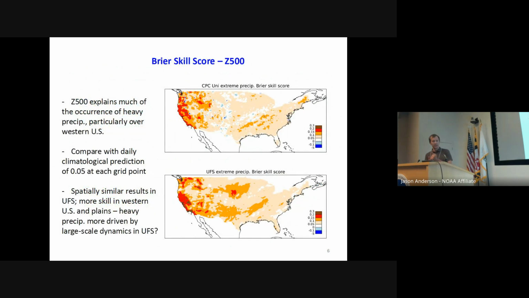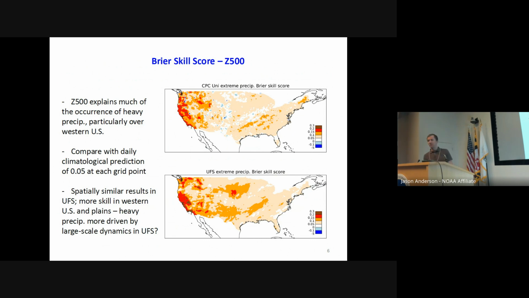Here is the skill from using Z500 to try to predict extreme precip occurrence. These are the Brier skill score maps at each grid point. You see it's most skillful, or at least circulation explains variations in extreme rainfall most, on the West Coast, as we would expect.